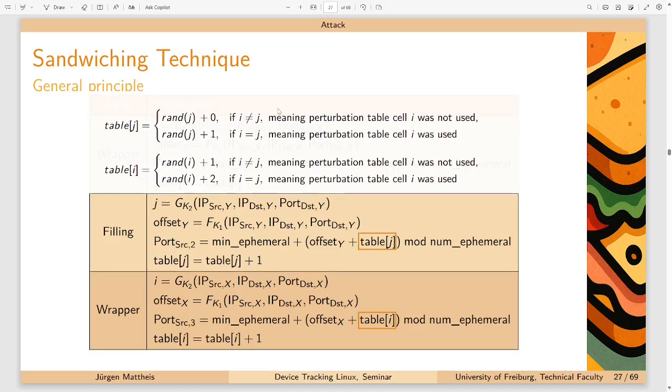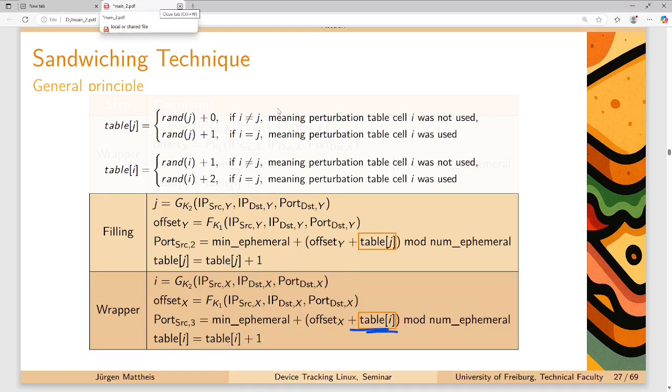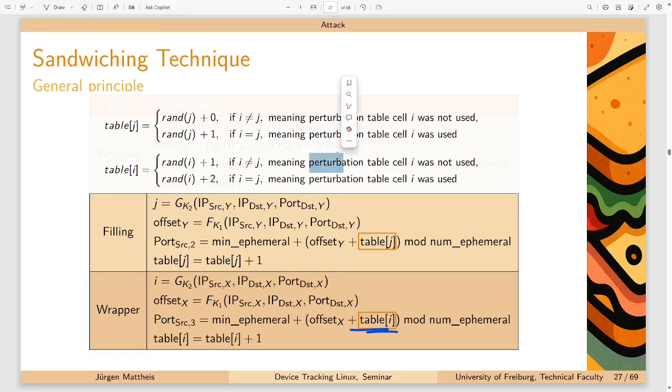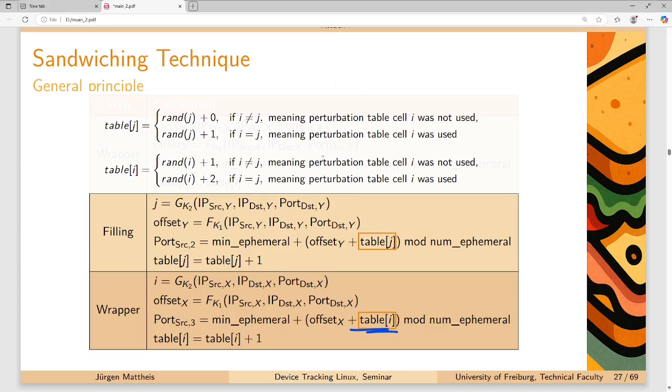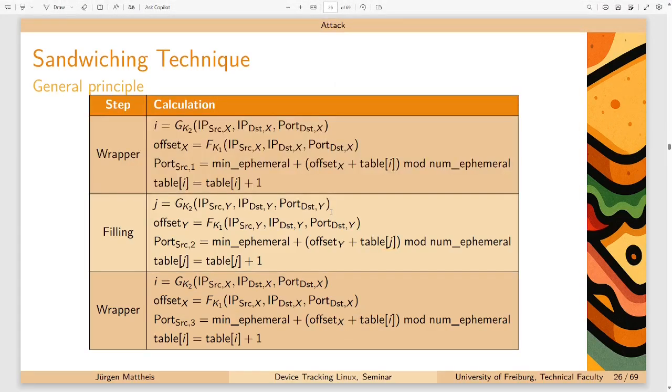And what we notice is that if we look at the table at the index i, then in between, if we say i is equal to j, then we have here a source port increment, a perturbation table cell increment, and here a perturbation table cell increment at index i.